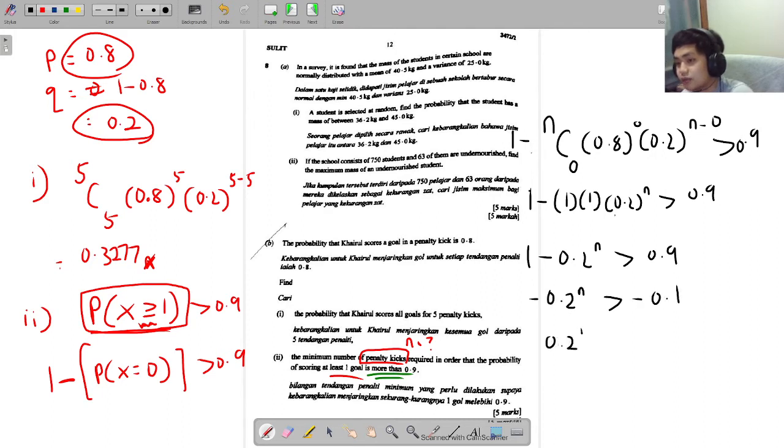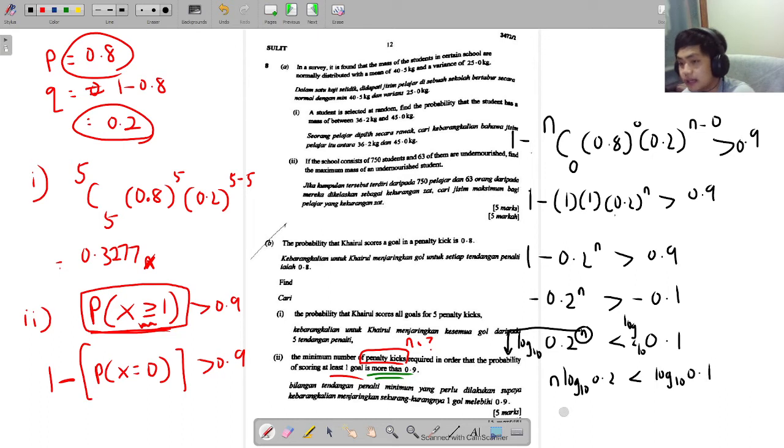By changing the sign, I'm going to change the inequality symbol and I'll take log 10 on both sides. Because I have an unknown as my index, by using the log law, I can move it to the front. And once again, I'm going to divide by a log that's less than 1, so it is actually a negative number.